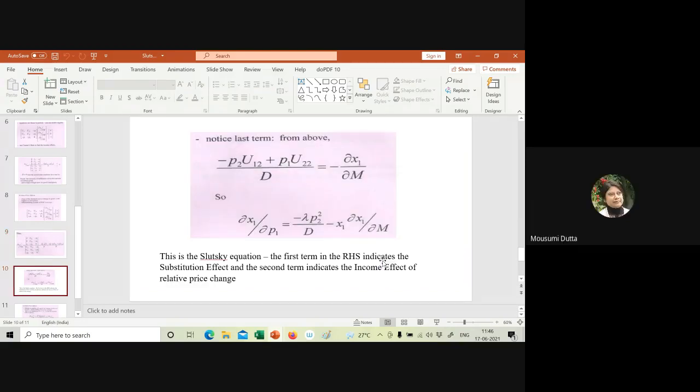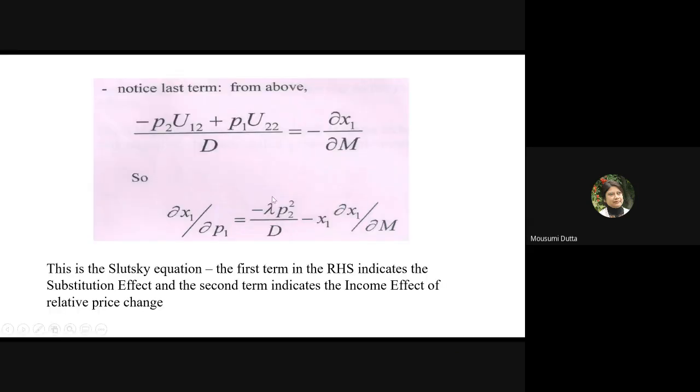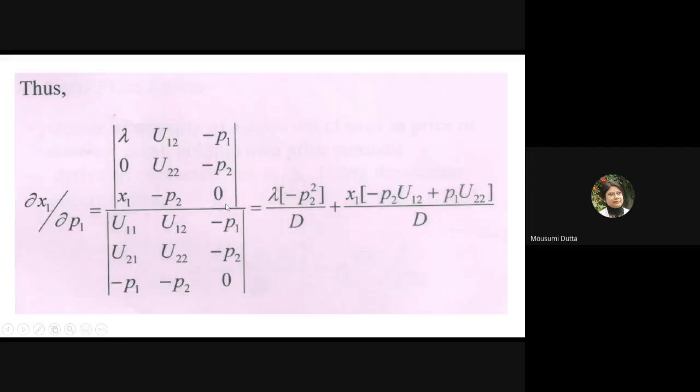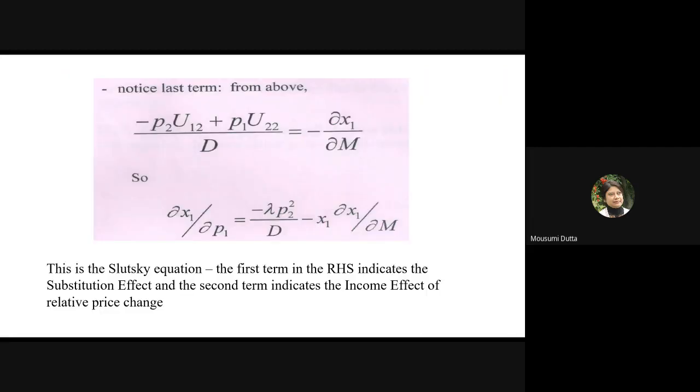Okay, so what Owen is telling, we can put the matter in this way. So del x1 by del p1, in that case, is the total effect of relative price change, if I split the things in this way.